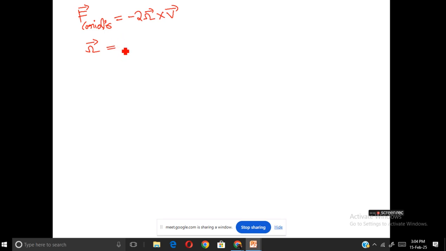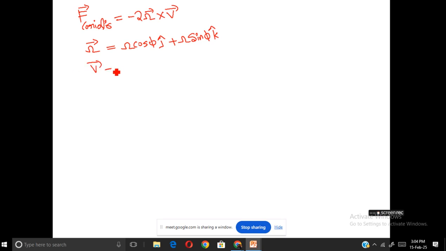It is given by omega equal to omega cos phi j plus omega sin phi k. These are the two components acting on an object at a latitude phi.